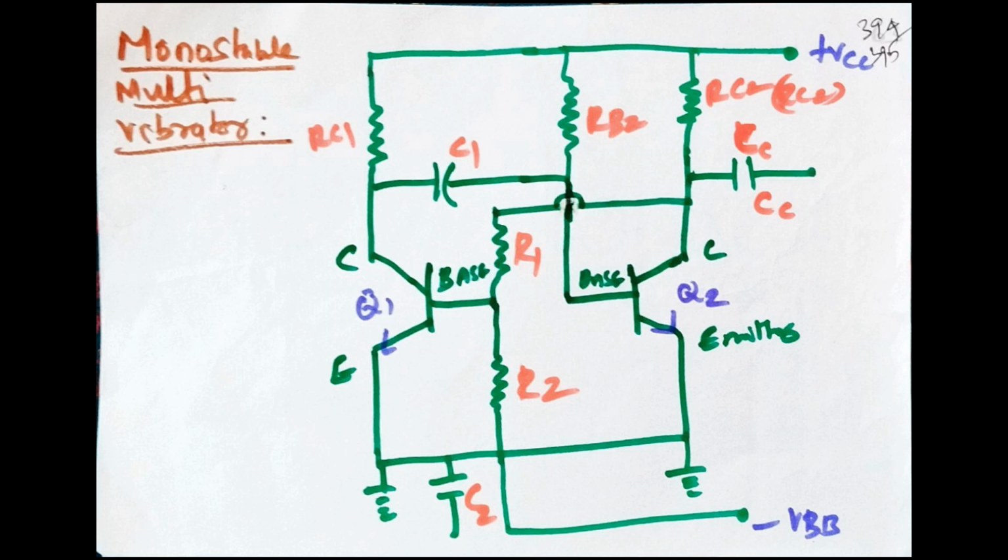Transistor Q1 is on, VC goes to 0, so transistor Q2 is off.